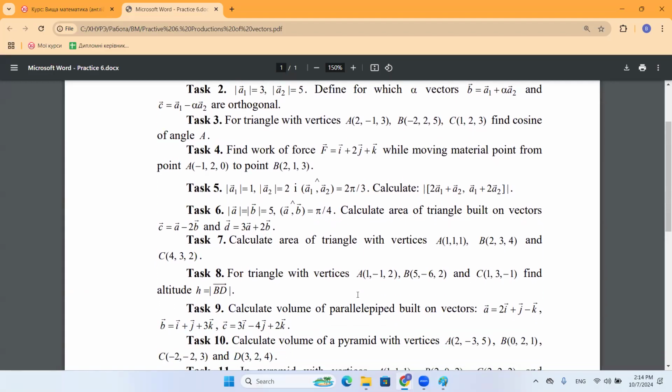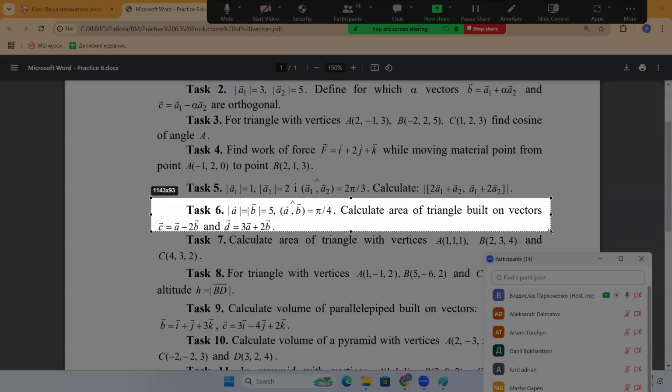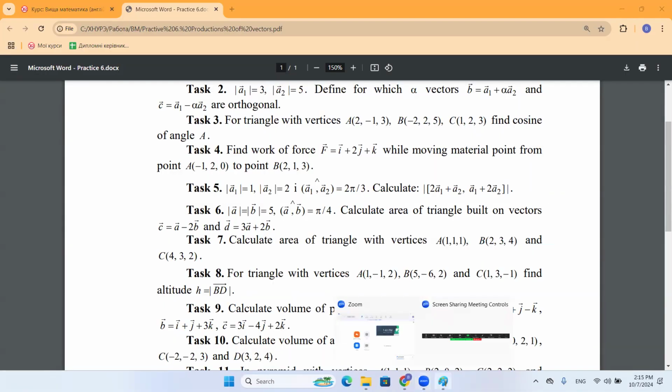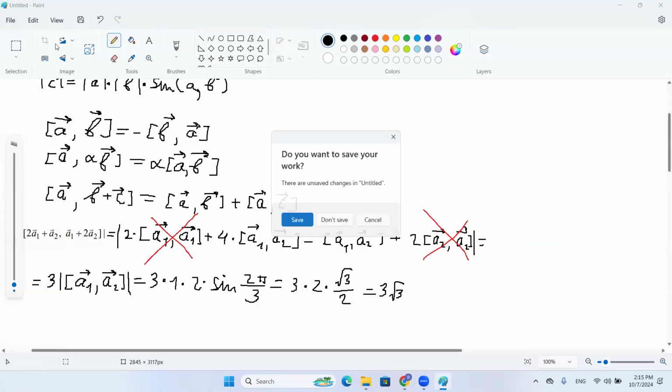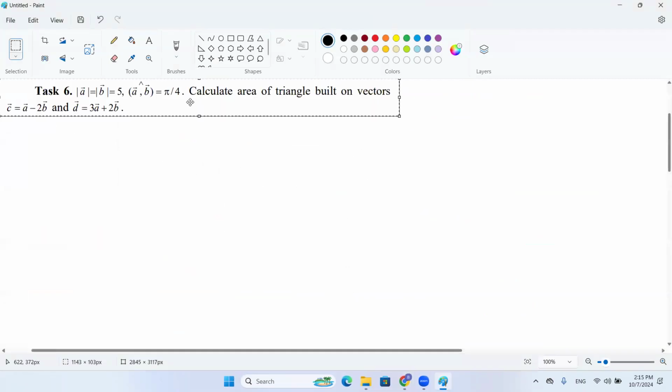By the way, now I have a question. How to ask you correctly. Which geometrical properties of vector product do you know? How to use it? So, the application of vector product.